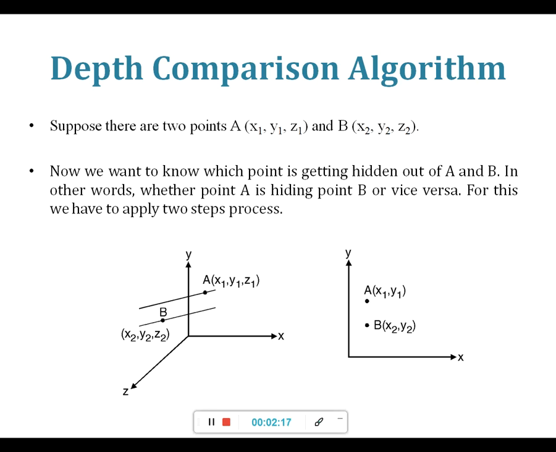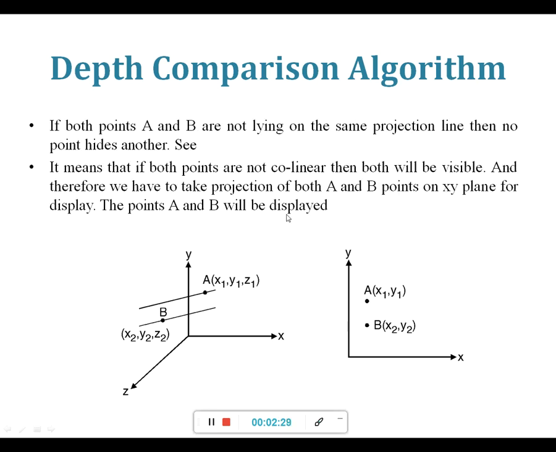To check whether A is hiding B or B is hiding A, we have to apply two processes. If both points A and B are not lying on the same projection line, then we can say that no point is hiding another point.